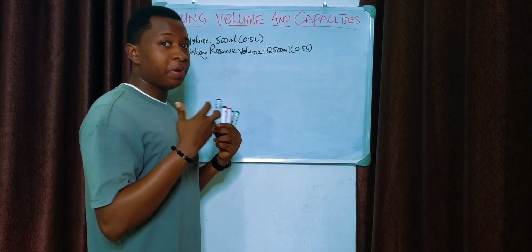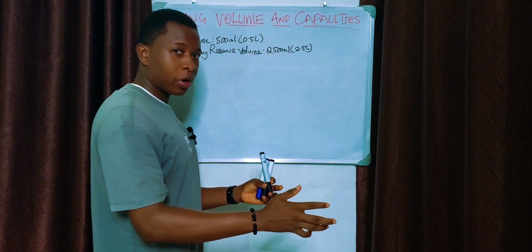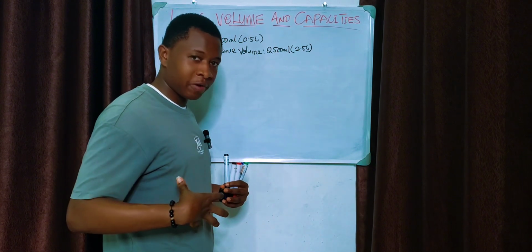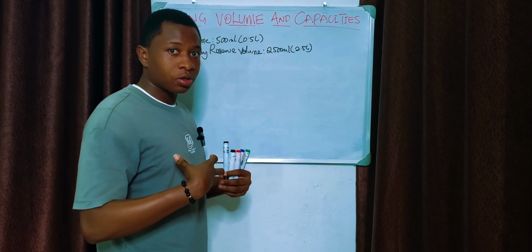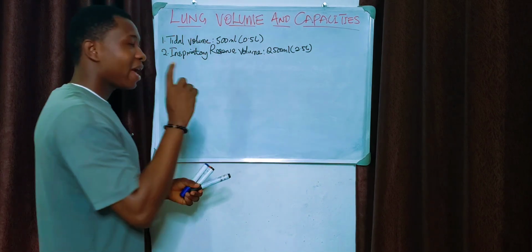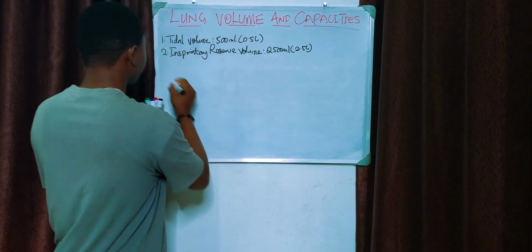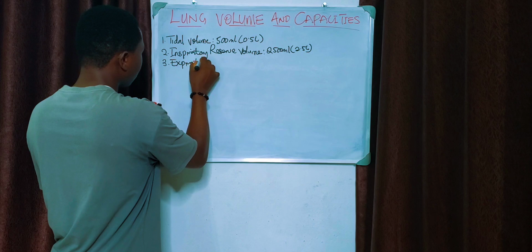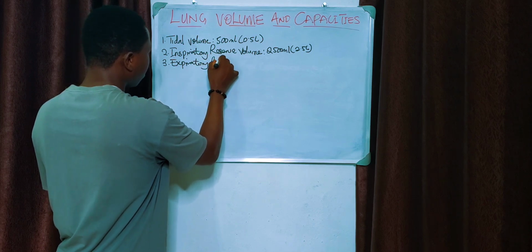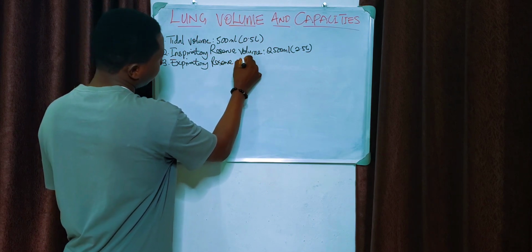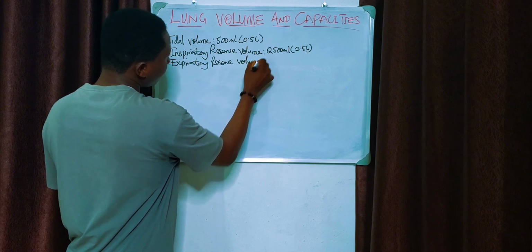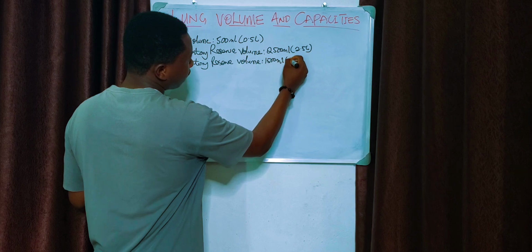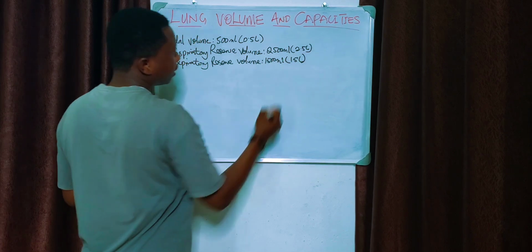So if you breathe out, that air that comes out, so it feels like you have released everything in the lungs, is what we call the expiratory reserve volume. And it's about 1,500 milliliters, which is equivalent to 1.5 liters.